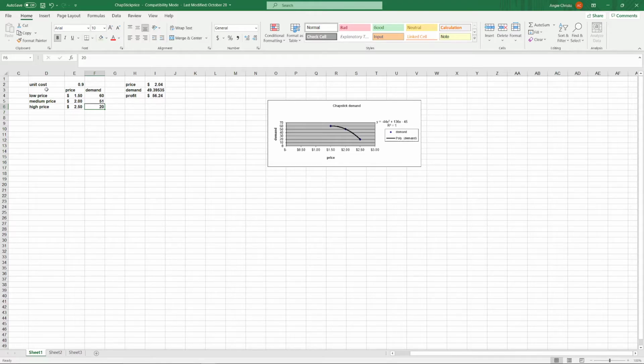This could be information based on past experience, past sales, or it could come from experiments. In any case, you know that number one, when you charge these prices, these are the equivalent demand points. This is how much you expect to sell.